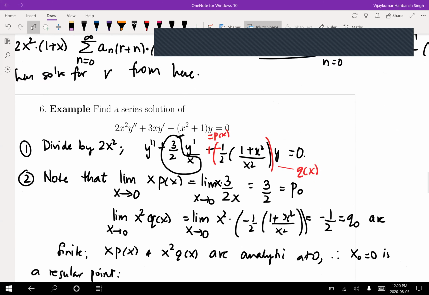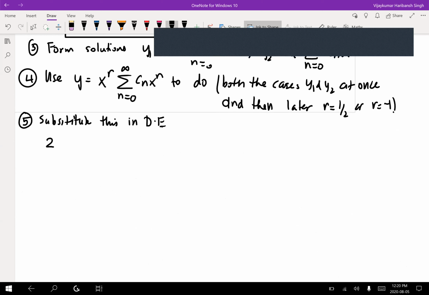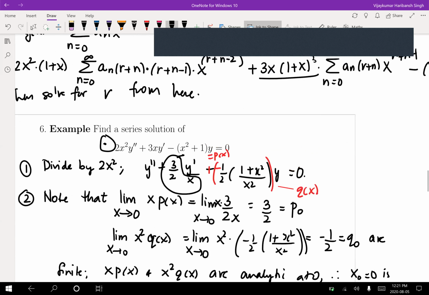We get 2 summation n equals 0 to infinity (n plus r)(n plus r minus 1) cn x to the power n plus r plus 3 summation n equals 0 to infinity (n plus r) cn x to the power n plus r minus summation n equals 0 to infinity cn x to the power n plus r plus 2 minus summation n equals 0 to infinity cn x to the power n plus r equals 0. So you can see that I've substituted in this equation here.